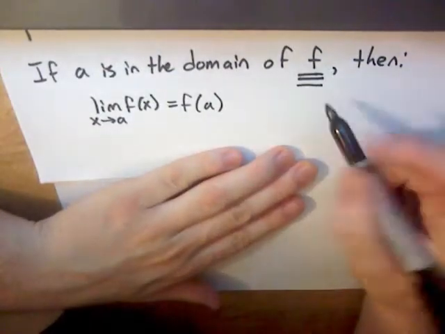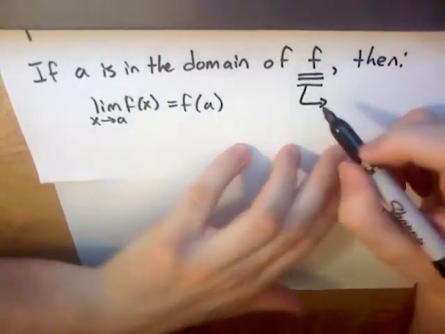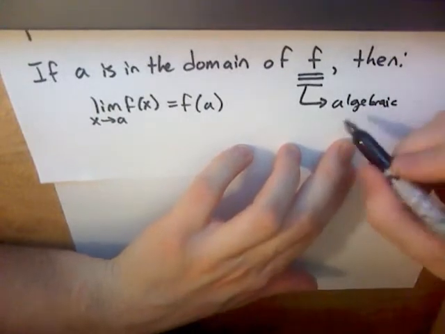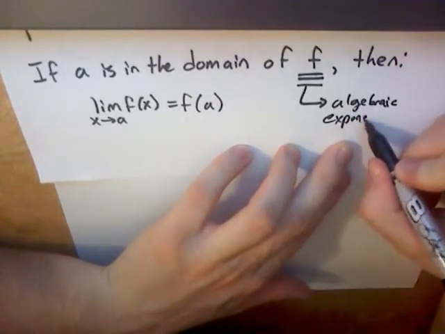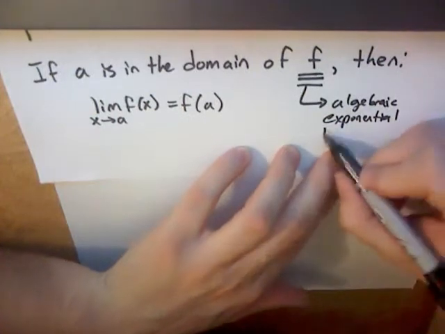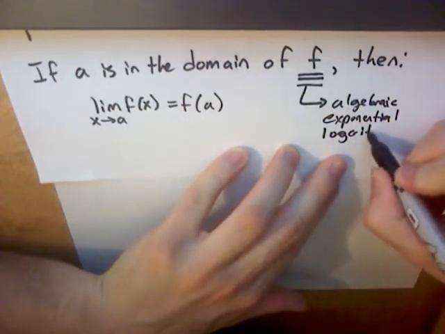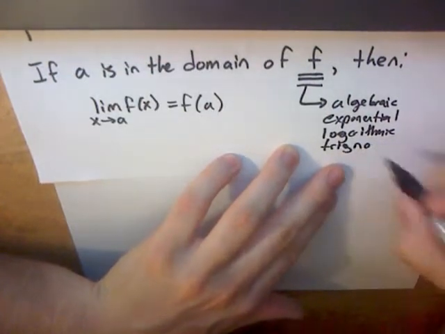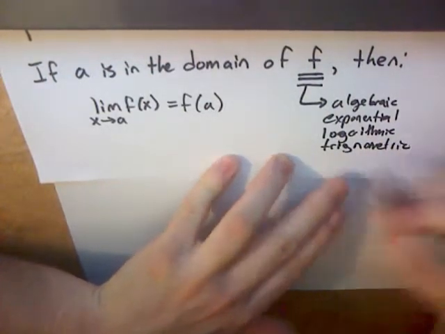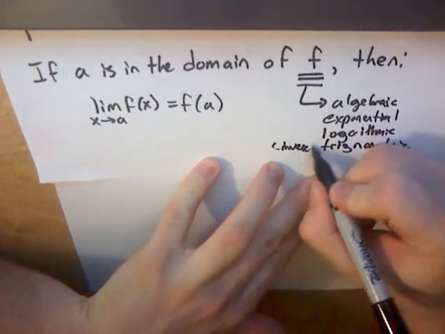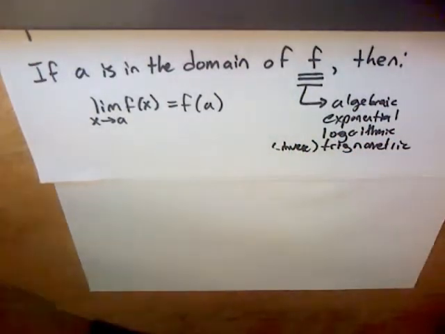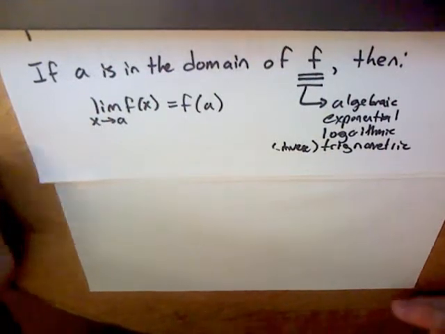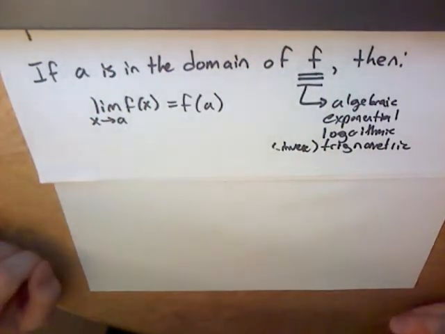And the book says f has to be algebraic, exponential, logarithmic, trigonometric, or inverse trigonometric. So basically, nice functions. If a function is nice, then the direct substitution rule applies.